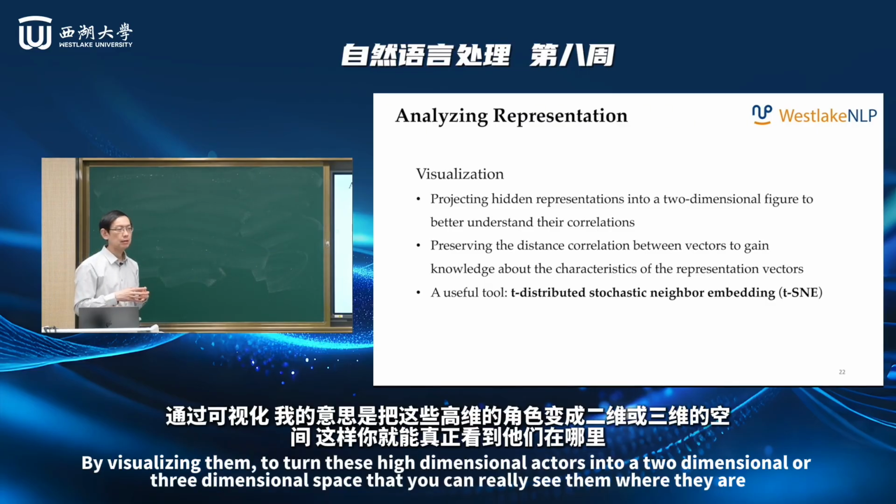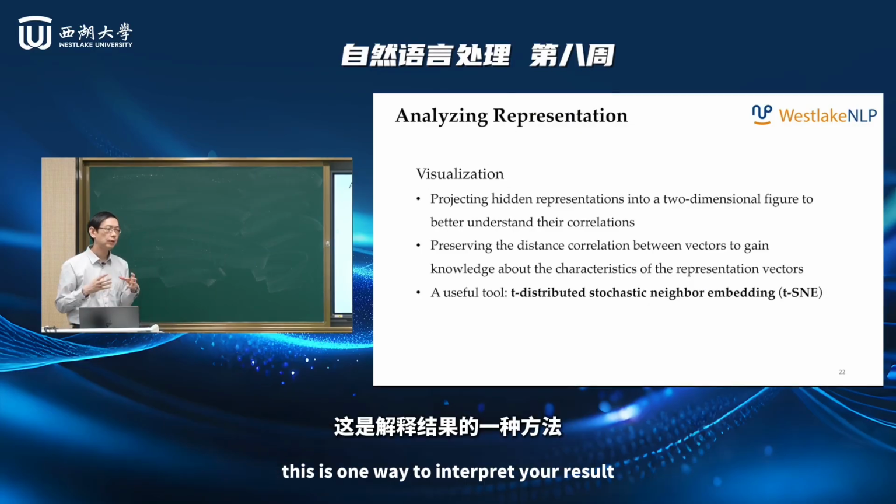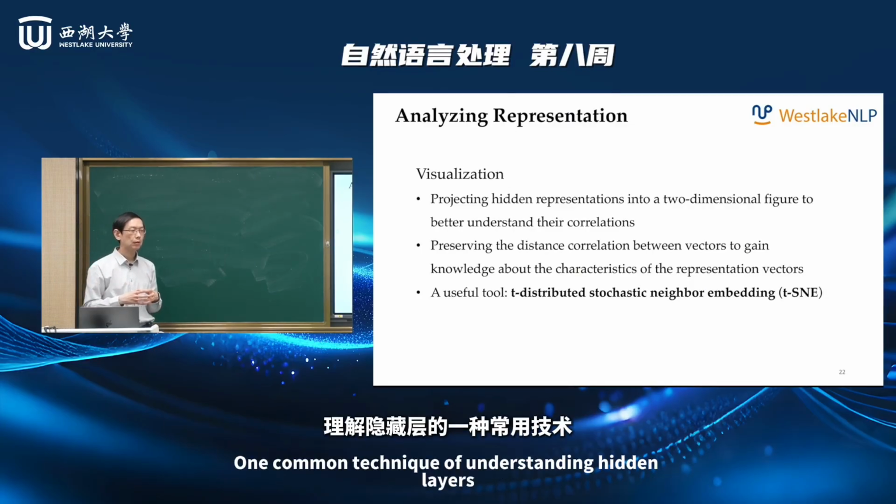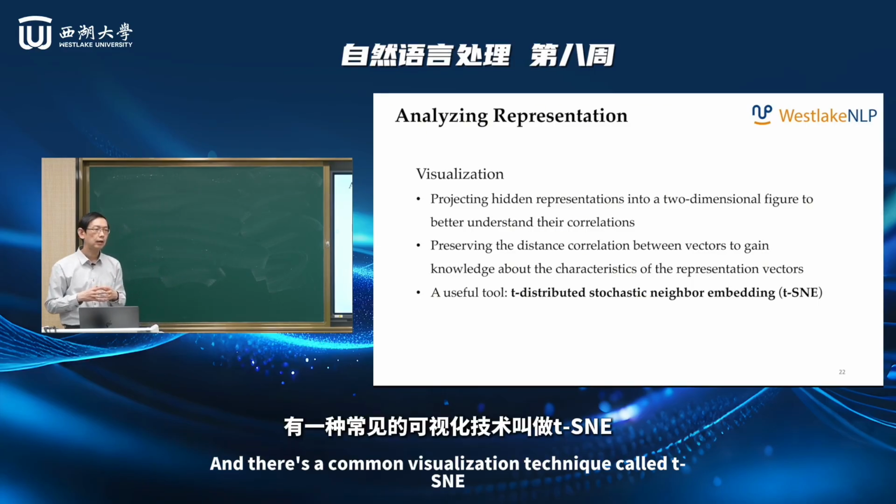By visualizing them, I mean to turn these high-dimensional vectors into a 2-dimensional or 3-dimensional space so that you can really see where they are. So this is one way to interpret your result, one common technique of understanding hidden layers. And there's a common visualization technique called TSNE.